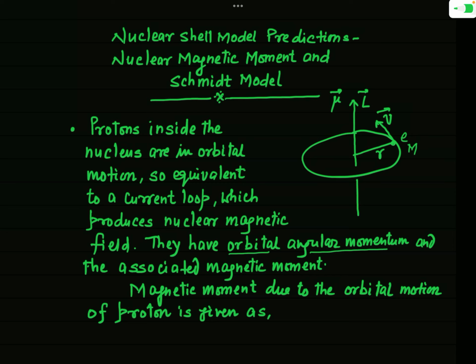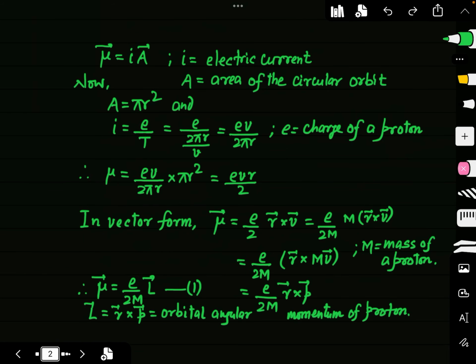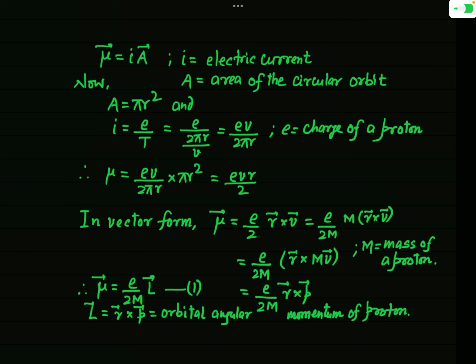a current loop. So we consider that the orbit described by this proton is just a current loop, and you have studied in your lower classes that a current loop of any shape and size is just equivalent to a magnetic dipole, and due to that current loop or magnetic dipole, the magnetic moment is given by this formula.